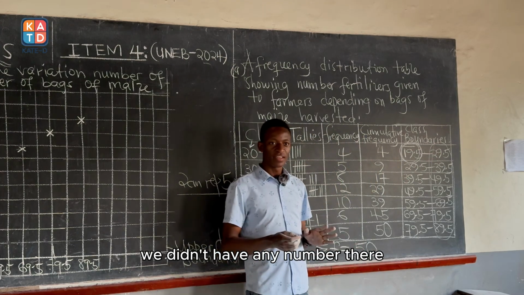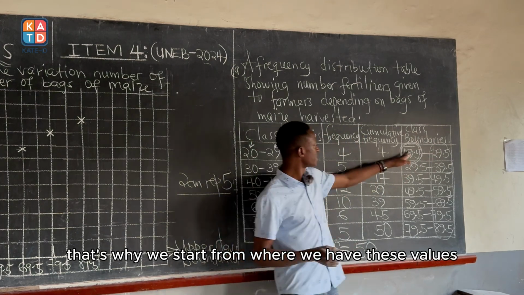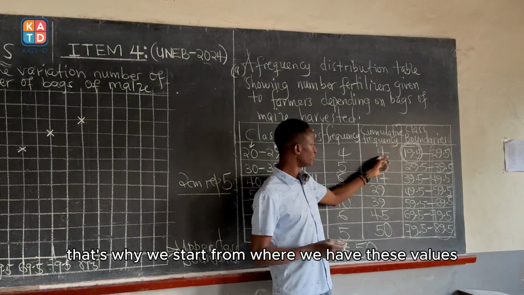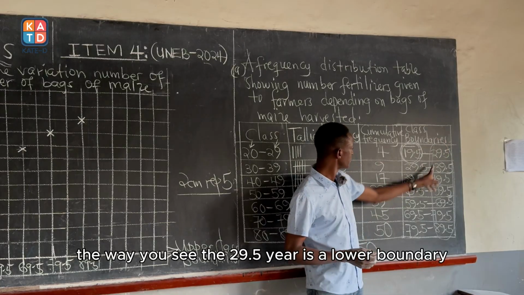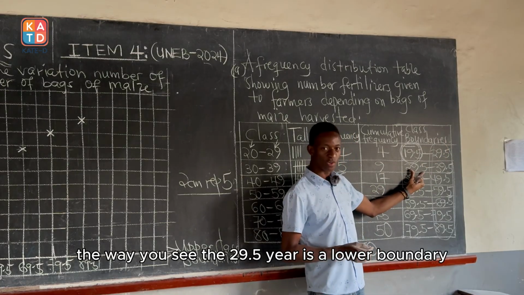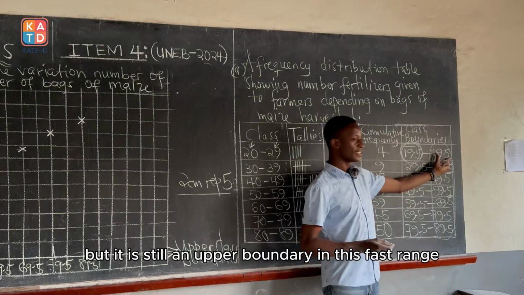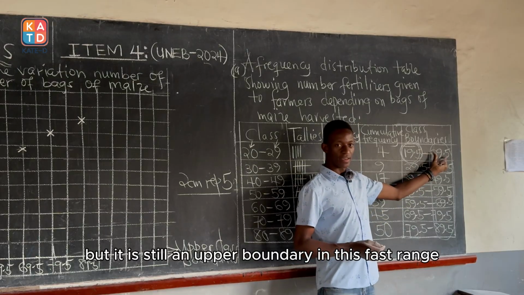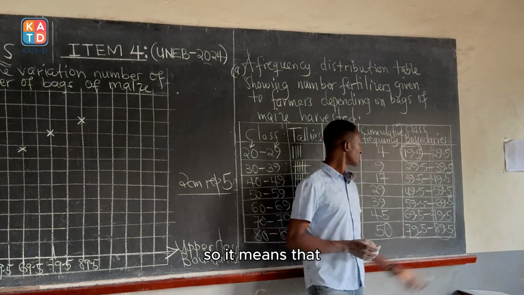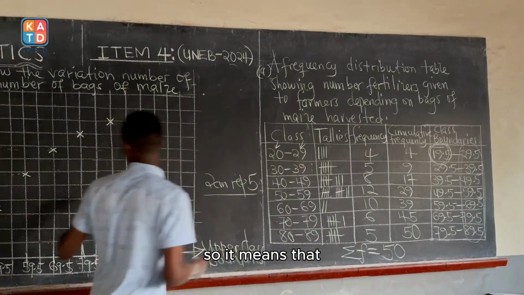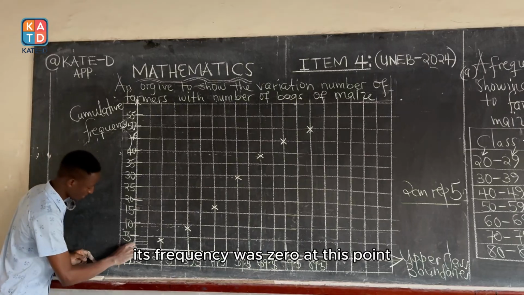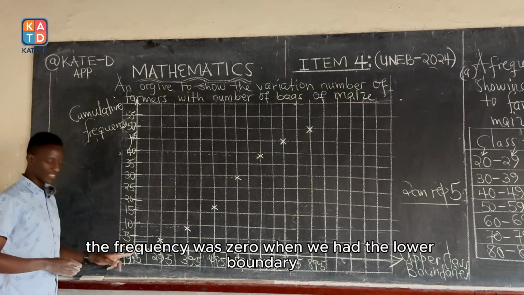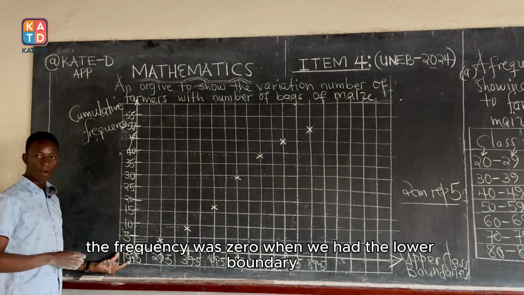We didn't have any number there. That's why we start from where we have these values. But this lower boundary, 19.5, was also an upper boundary. The way you see the 29.5 here is the lower boundary, but it is still an upper boundary in this first range. So it means that its frequency was 0. At this point, the frequency was 0 when we had the lower boundary.